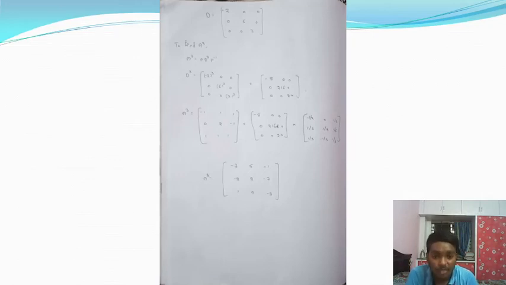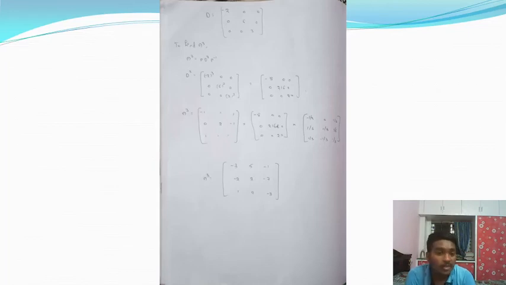After finding D cube, we simply calculate A cube by substituting these values in the formula. First, we substitute the value of P, minus 1, 1, 1, 0, 2, minus 1, 1, 1, 1, into minus 8, 0, 0, 0, 216, 0, 0, 0, 27, into P inverse.